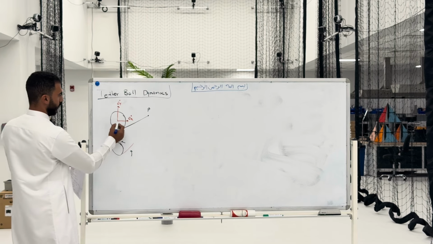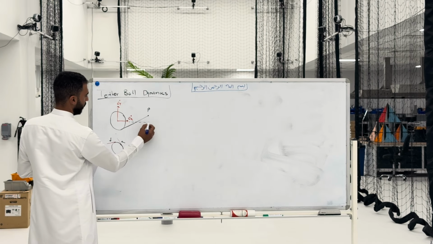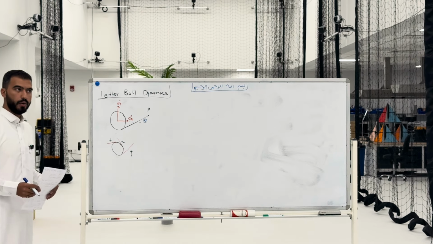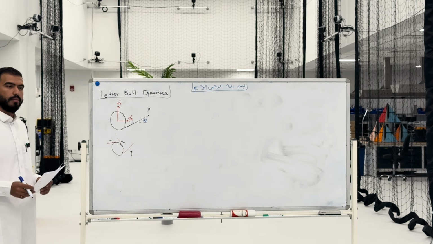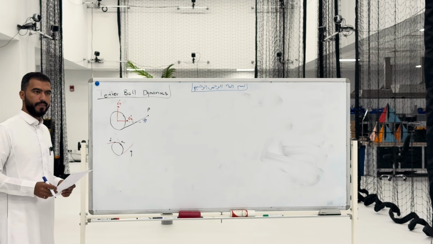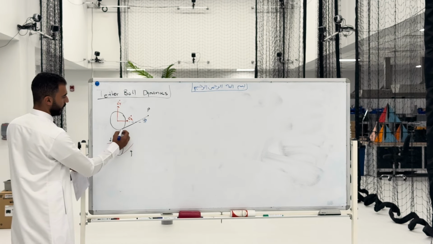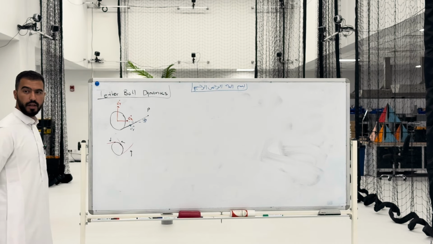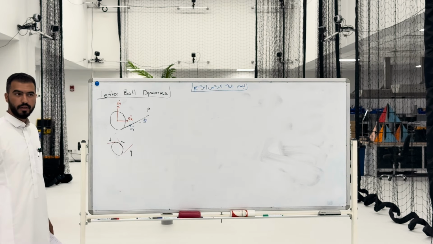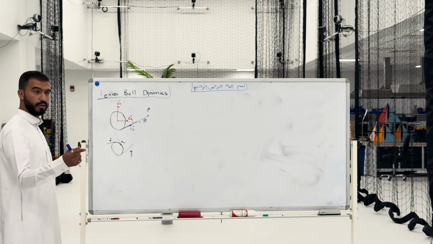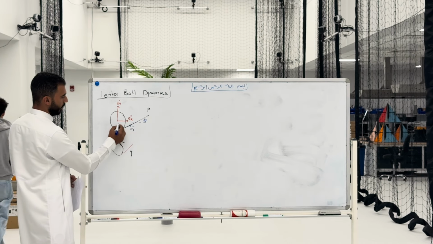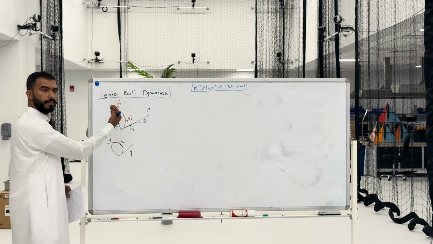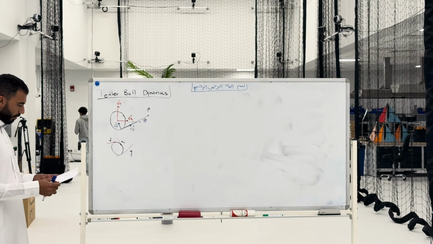If you imagine this is angle theta, where should I put the polar unit vectors? This is an easy one. e_r, right? e_theta is in which direction? Perpendicular to it, in the direction of increasing theta.